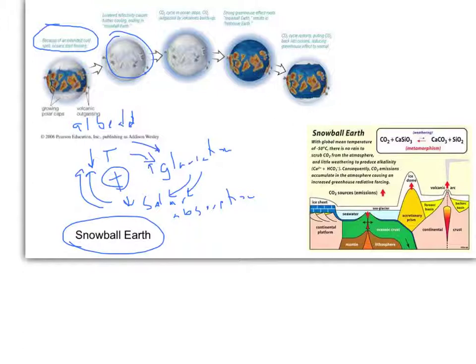And with so much of the land surface covered by glacial masses, we're going to get much reduced weathering, and reduced absorption of carbon dioxide into the ocean.